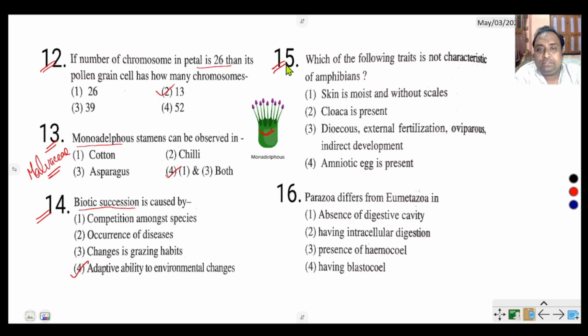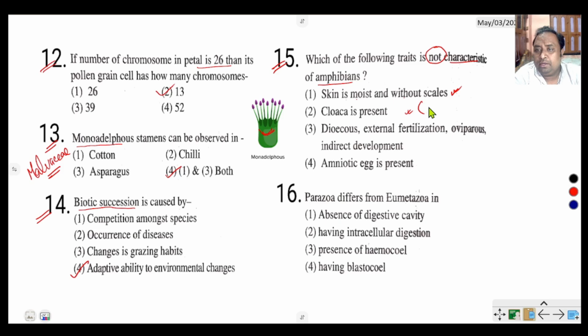Question number 15 says, which of the following traits is not a characteristic of amphibians? Amphibian means animals that live in both water and terrestrial habitat. Skin is moist and without scales. That is a characteristic feature of amphibians. But here the question asks for what is not a characteristic of amphibians. Cloaca present.